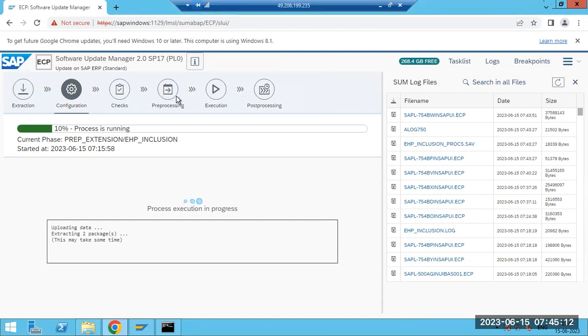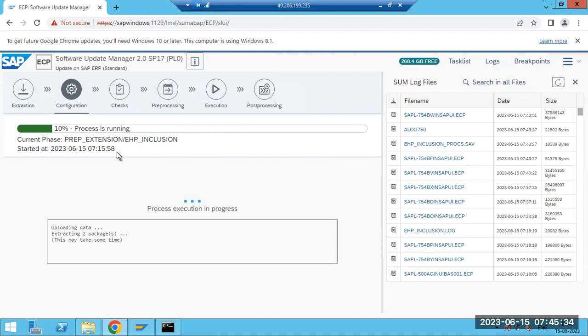Then it will go to pre-processing. This is the main step. These 2 are the main steps; actual work happens in these 2 steps only, right? The others are just checking the configuration and preparations, but these 2 phases are very important.